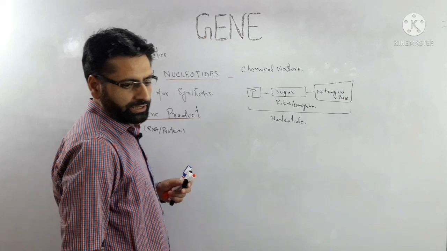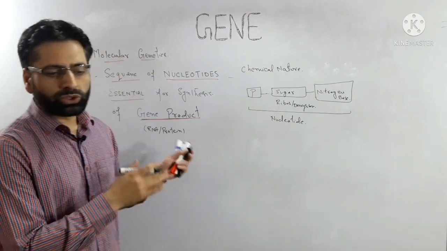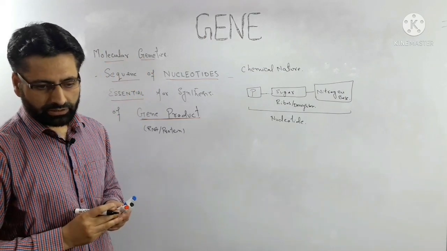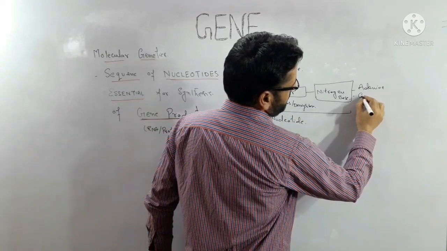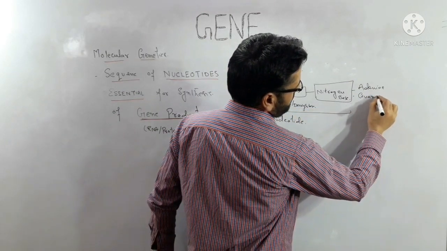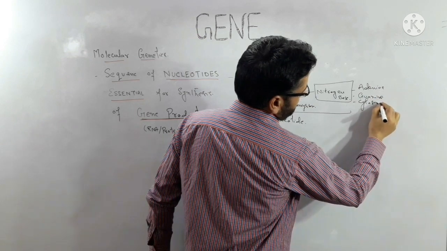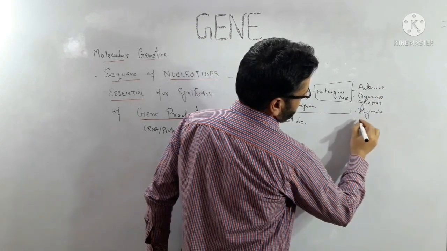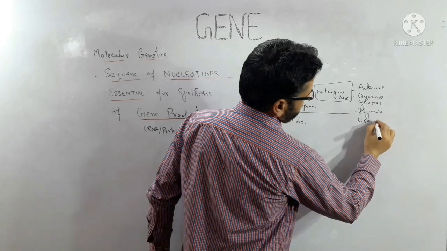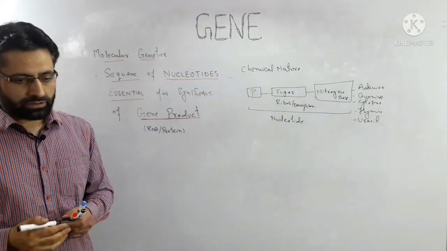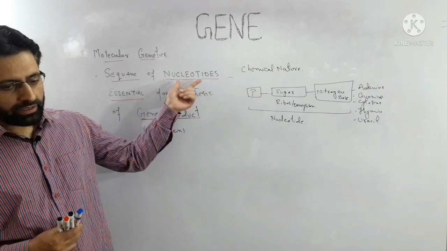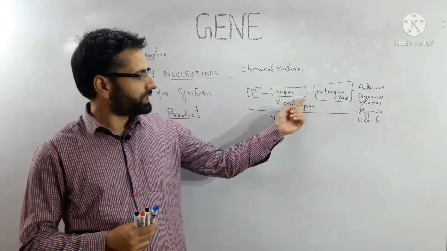And as you know, we have five most common nitrogen bases: adenine, guanine, cytosine, thymine, and in the case of RNA, uracil.